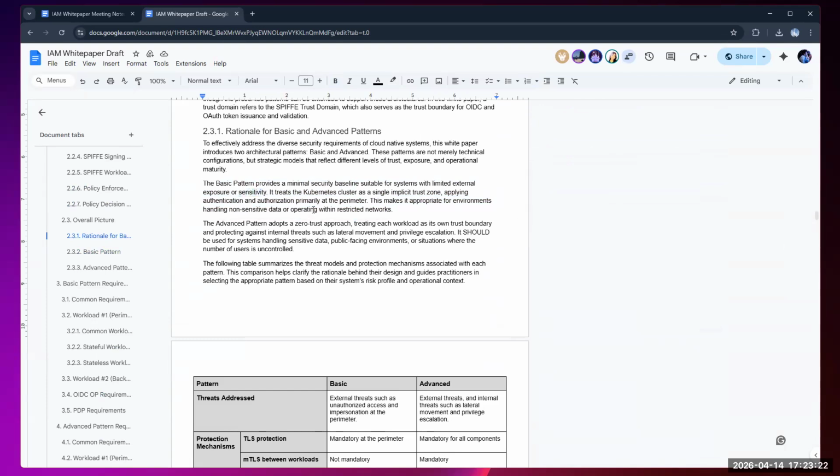So we don't need to follow the FAPI 2.0 security profile.